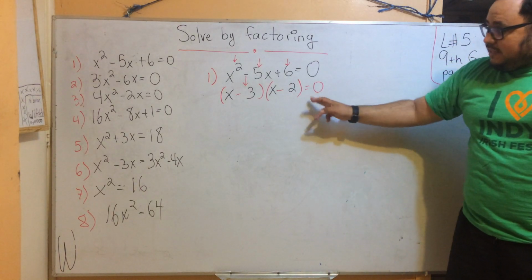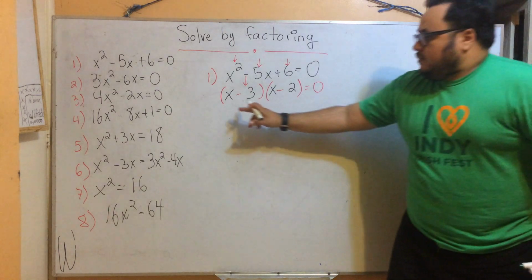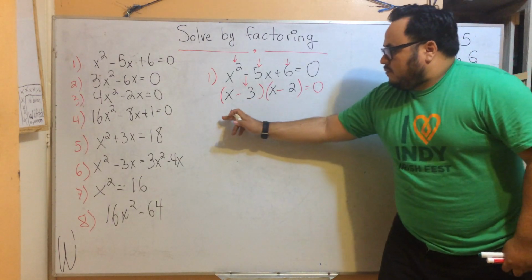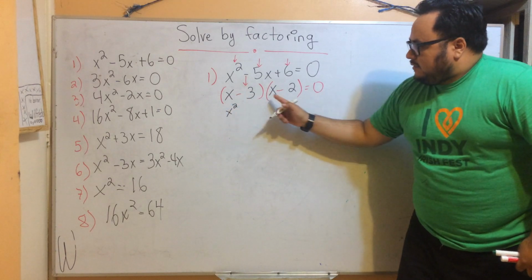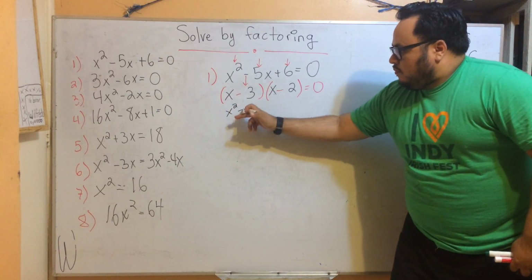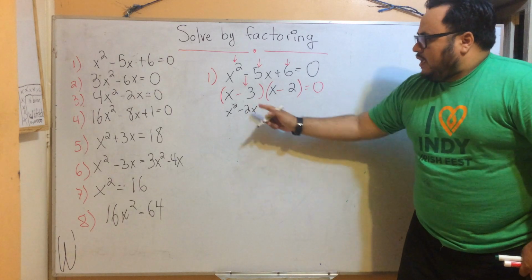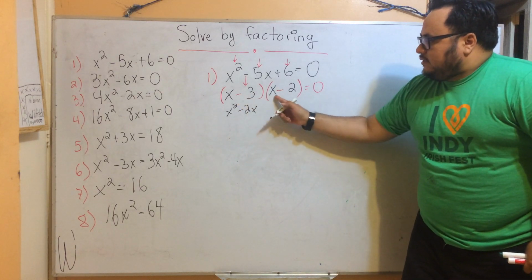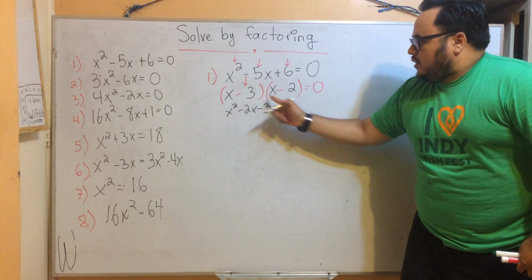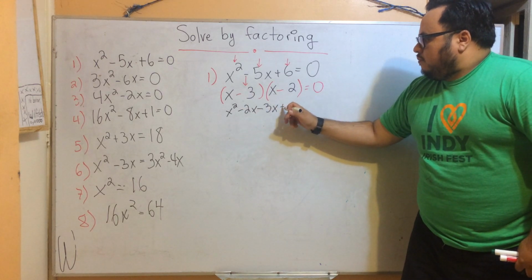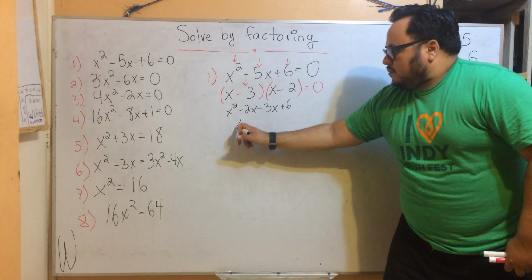Now, how do we know that this is true? Let's try it. X times x, x squared. X times minus 2, minus 2x. And then minus 3 times x, minus 3x. Minus 3 times minus 2, plus 6.